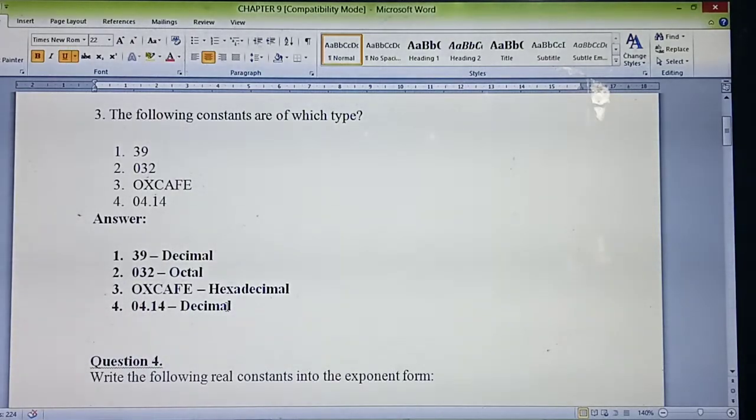Completed? 39 means decimal, 032 means octal, 0xCA starts with 0x, so hexadecimal, then 0.414 means decimal. Write fast.